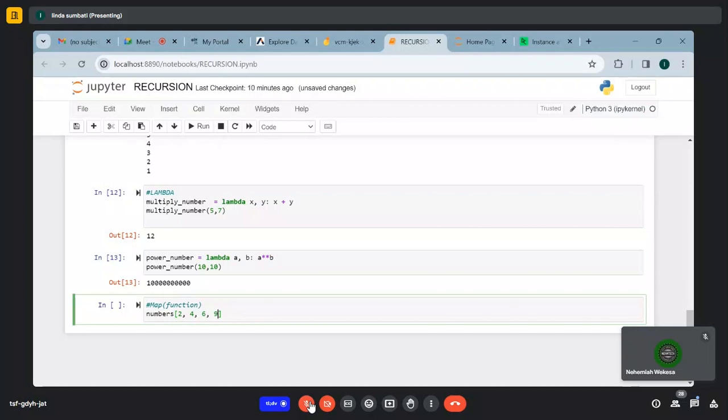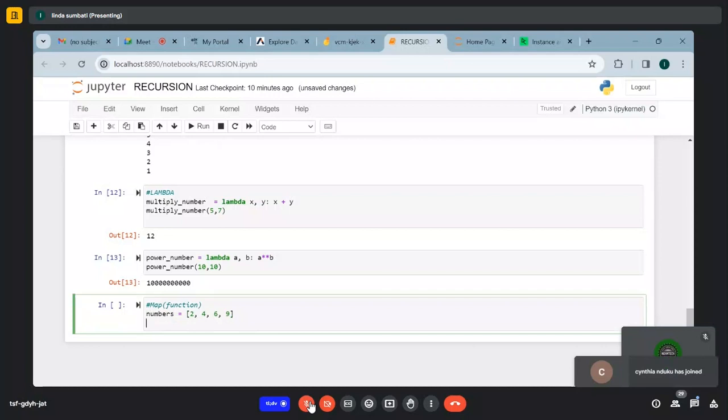So what we'll do, after having the numbers, it should be equals to, how can we call it? Maybe we want to square these numbers. So we can introduce a variable square all numbers, or just square.